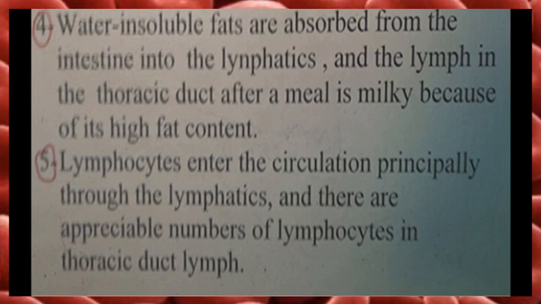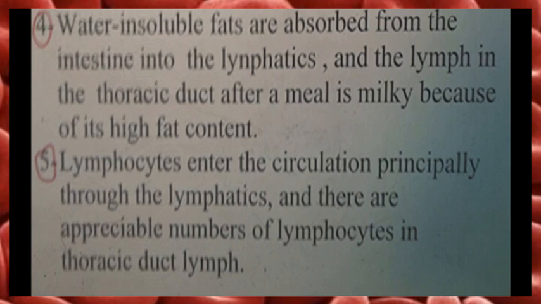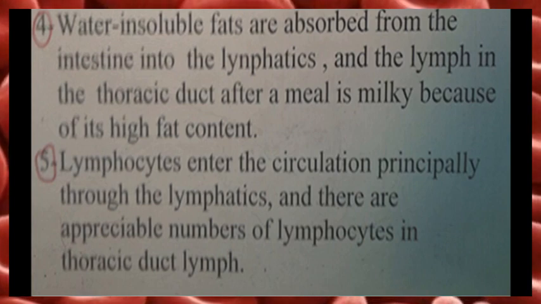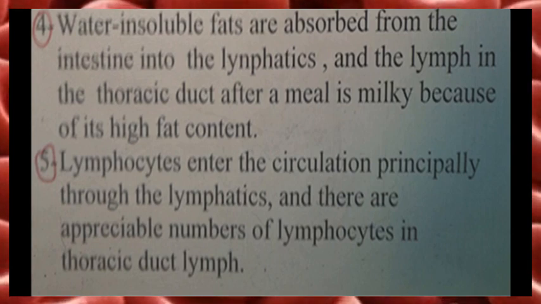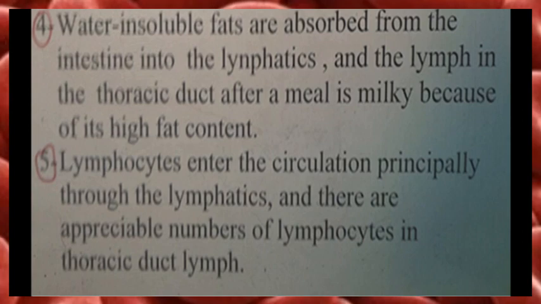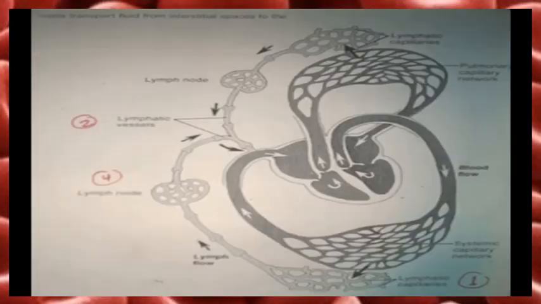Water-insoluble fats are absorbed from the intestine into the lymphatics, and lymph in the thoracic duct after a meal is milky because of its high fat content. Lymphocytes enter circulation principally through the lymphatics, and there are appreciable numbers of lymphocytes in the thoracic duct lymph.